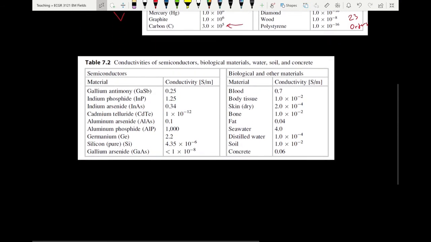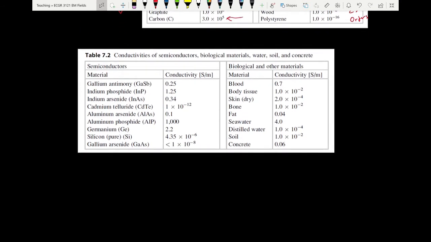An interesting thing about silicon is that although it is not very conductive in its pure form, you can dope silicon with either N-type or P-type atoms, right? So you could, for example, dope silicon with, I believe, boron or phosphorus to change the conductivity of the material.